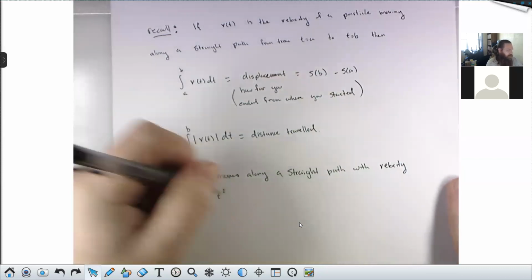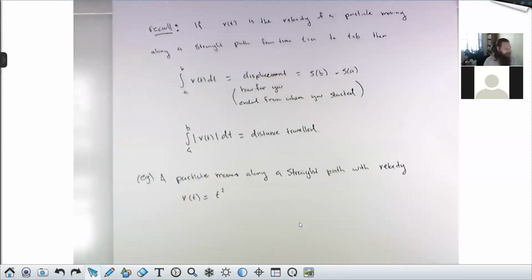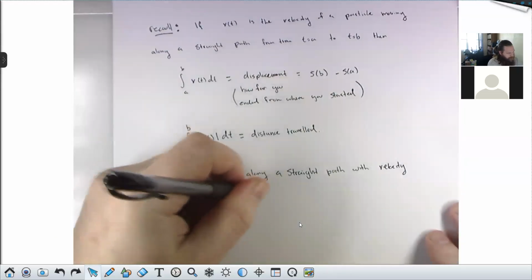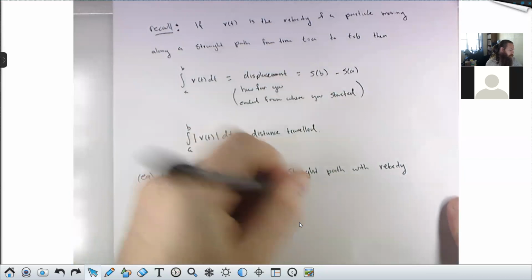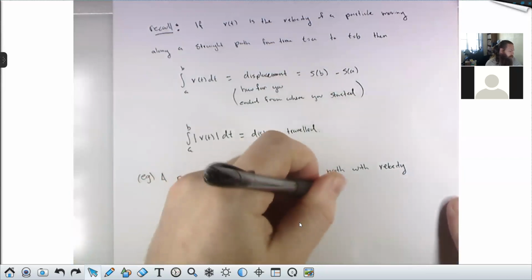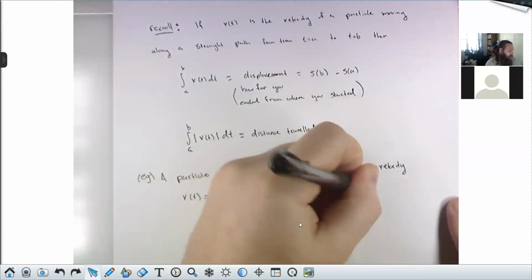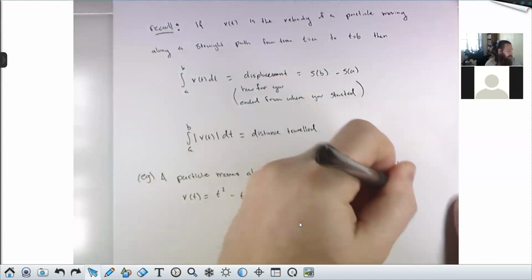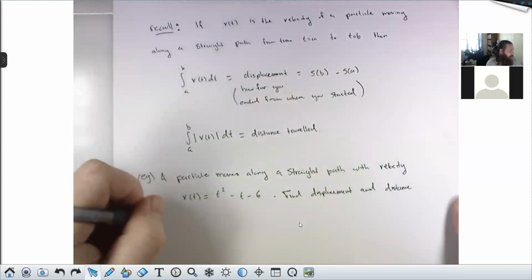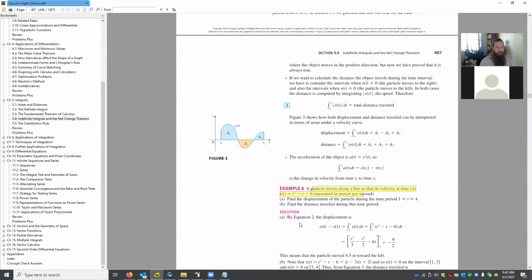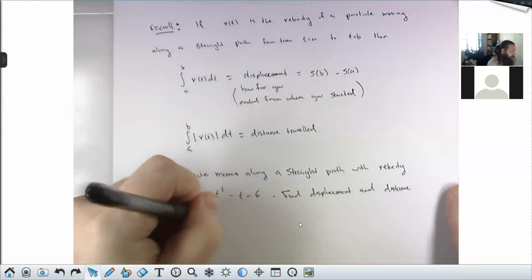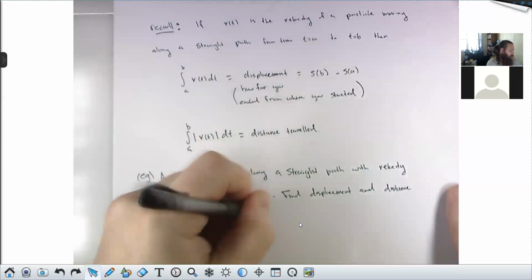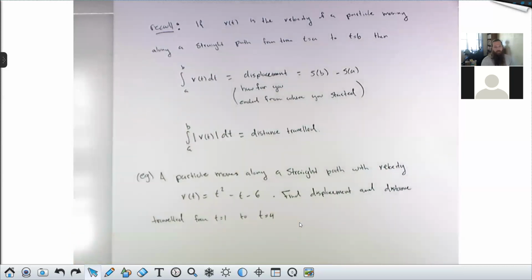We need a time interval from t equals 1 to 4. They say on the time interval, 1 is less than or equal to t is less than or equal to 4.